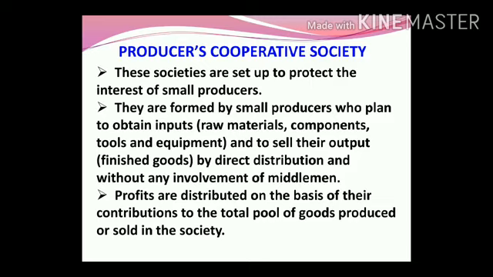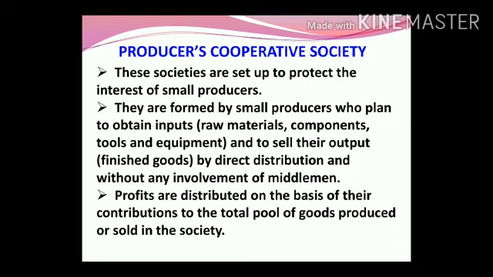And the profits are distributed on the basis of their contribution to the total pool of goods produced or sold in the society. So these are the main features of Producers Cooperative Society.